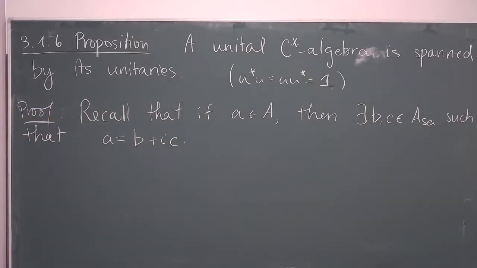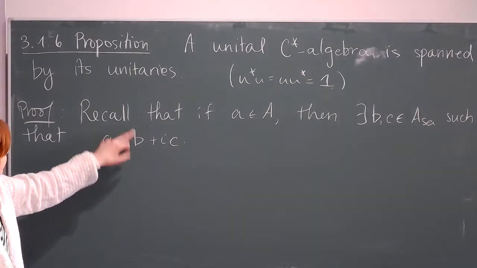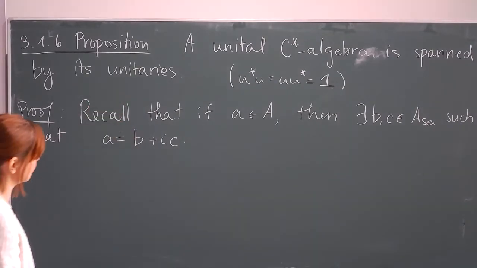So indeed, it's enough to show that unitaries span the set of self-adjoint elements.